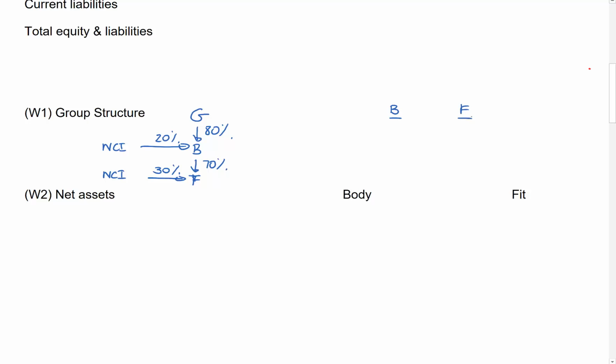So I've got Body and Fit. So our direct investment, 80%, indirect, 80% times 70%, and the NCI, remember, is our balance.